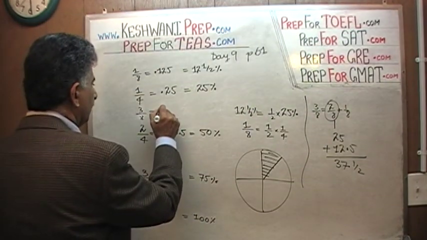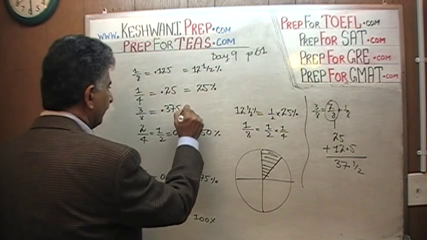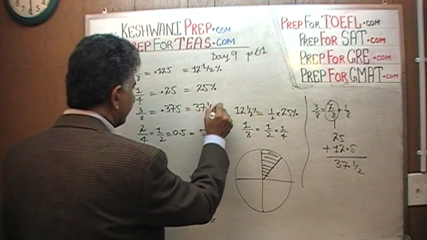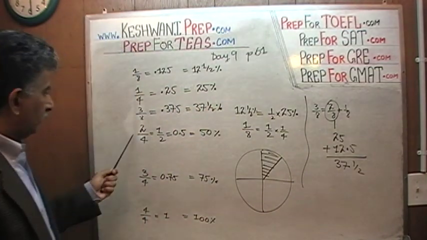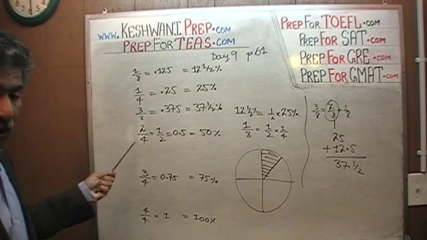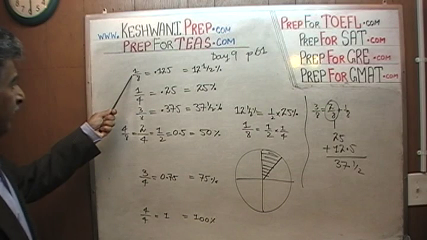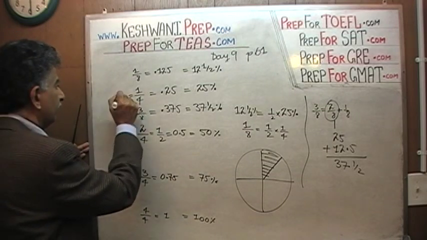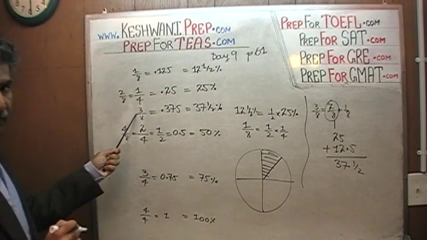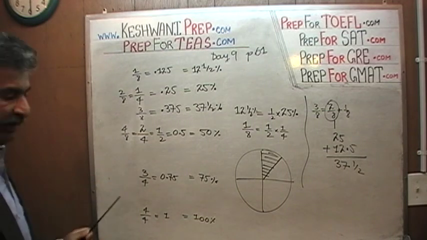So this is going to be 0.375, 37.5%. This 2 quarters, of course, is the same as 4/8. So we have our 1/8, this is our 2/8, our 3/8, our 4/8.